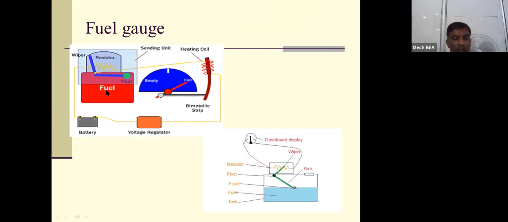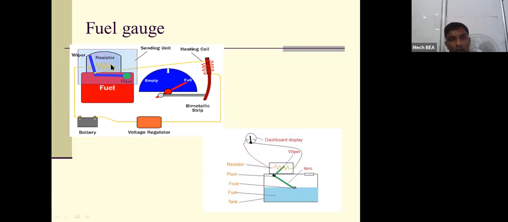Generally, you can see this is the float which is provided inside the fuel tank, and on the basis of this resistor, that reading is calibrated to indicate via this fuel gauge.